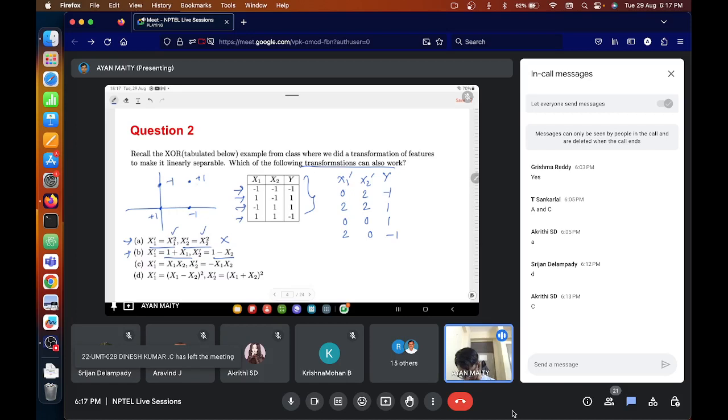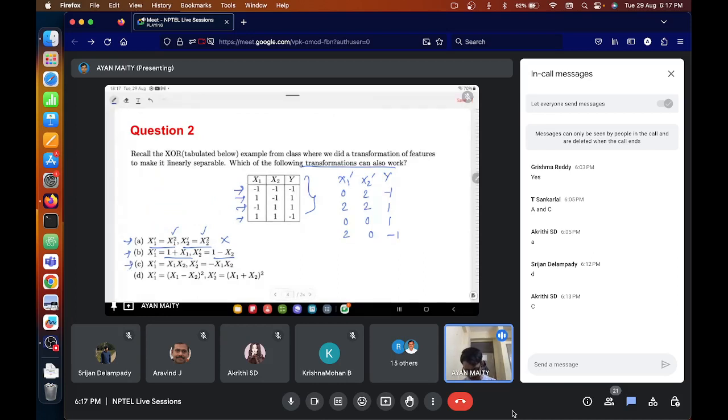So this is a plus 1 point, this is a plus 1 point, but this is a minus 1 point, this is a minus 1 point. So these 4 points are not linearly separable, as we can see. This is very similar to the XOR, that if we plot this table, it would look very similar, that the points are not linearly separable. But then we have to try option C.